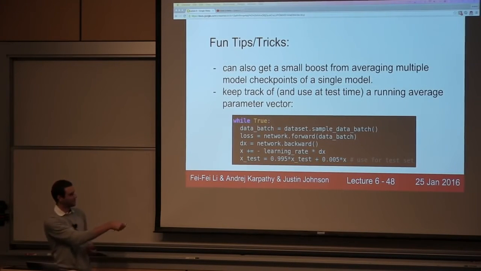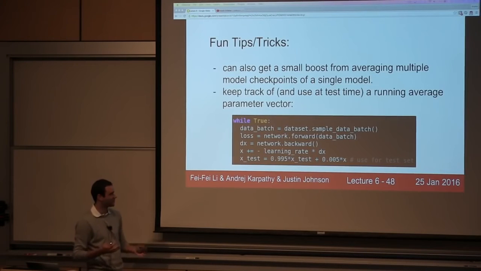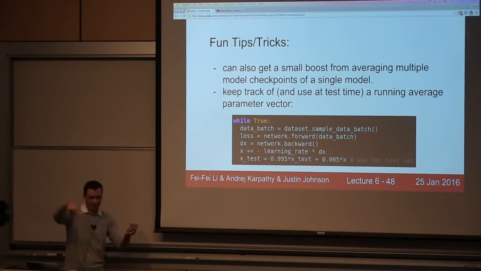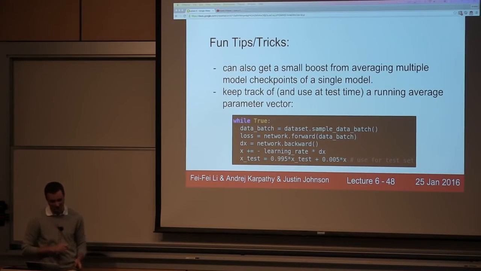It's kind of difficult to interpret, but one way I can hand wave about why this is a good thing to do is to think about optimizing your bowl function, and you're stepping too much around your minimum. Then taking the average of all those steps gets you closer to the minimum. That's the hand waving I can do for why this ends up working slightly better.